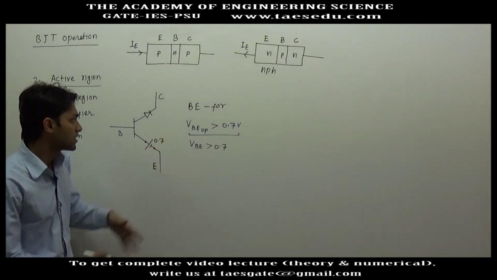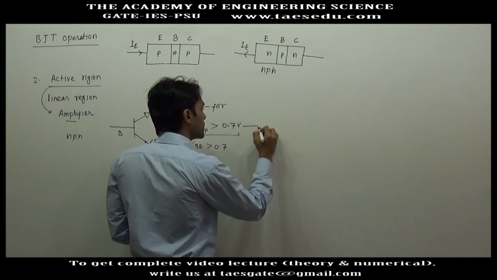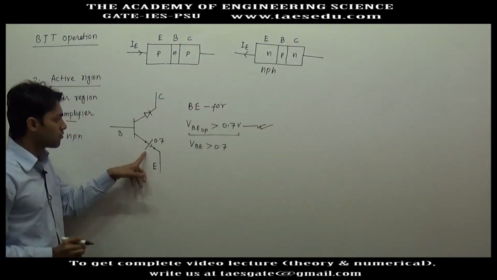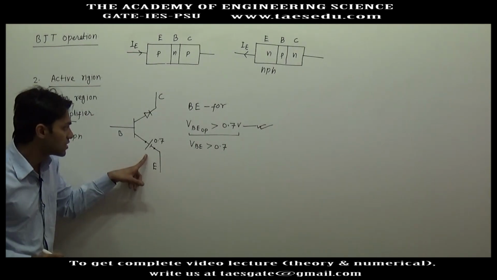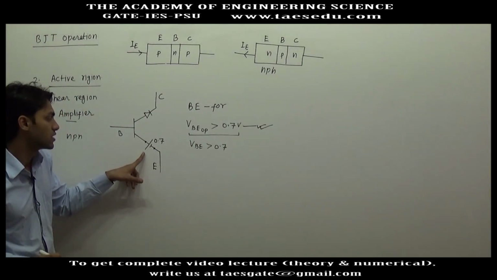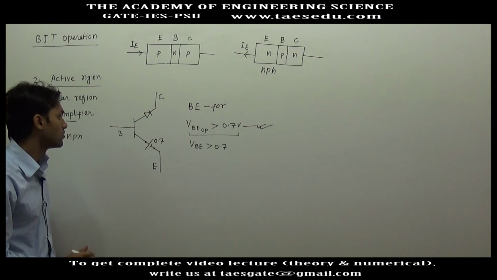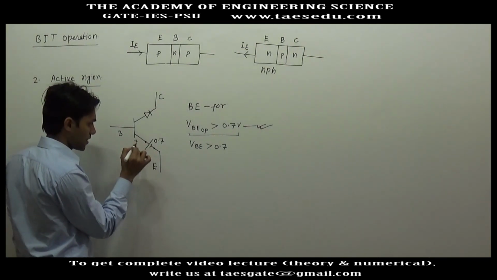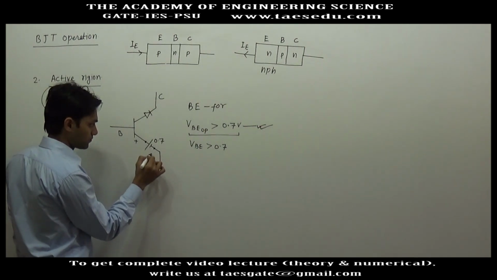After checking, if this condition is satisfied, the diode will conduct, and there will be a permanent voltage drop of 0.7 volt with P, or the base, at higher polarity.